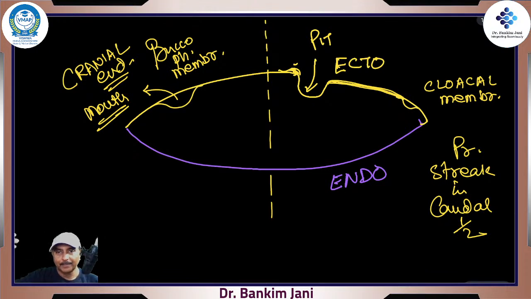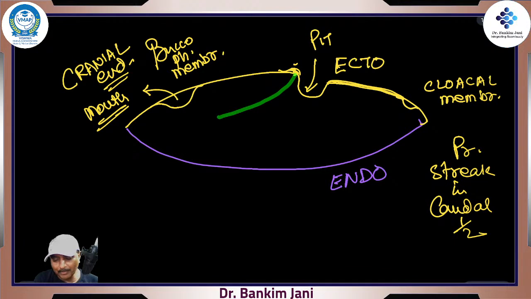Here, as we said, there will be the formation of mesoderm, right, which will be going in between. It starts from here, from this primitive pit, right, inside. Now I'm just removing this, right, for the clarity. There is a development of few cells and they will start traveling cranially.